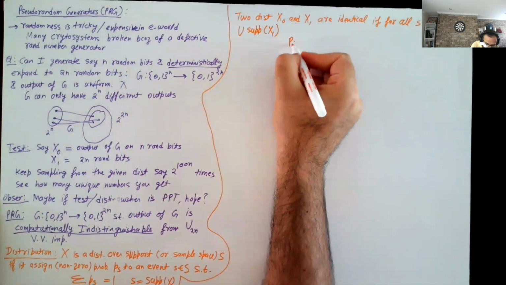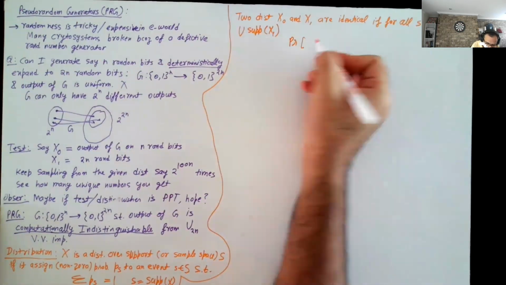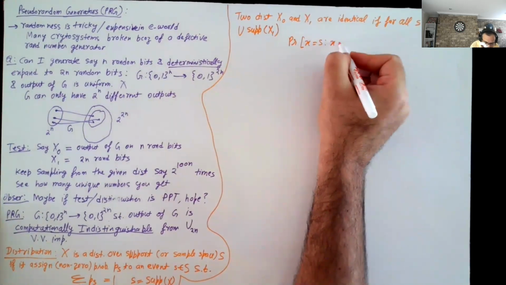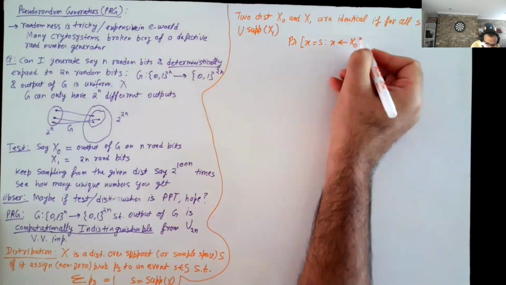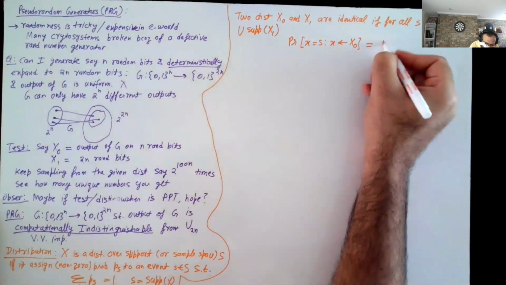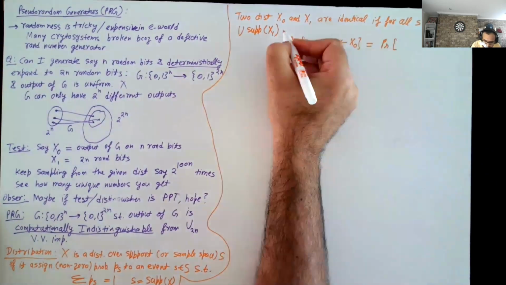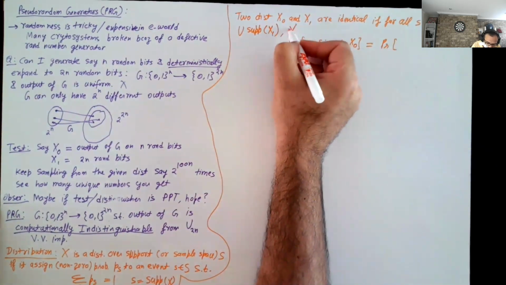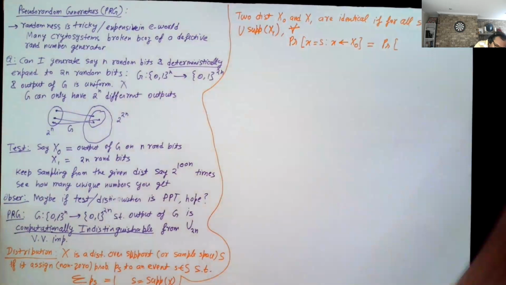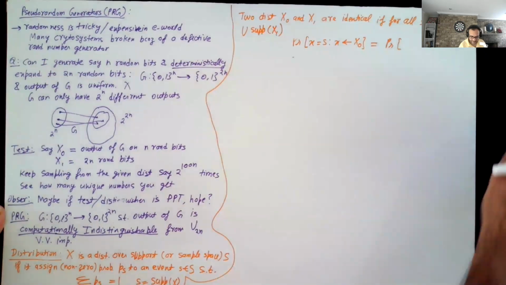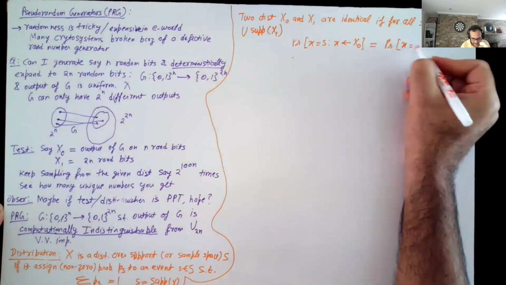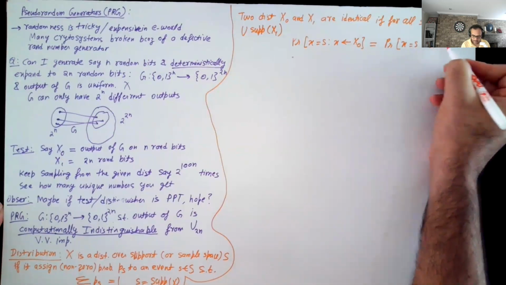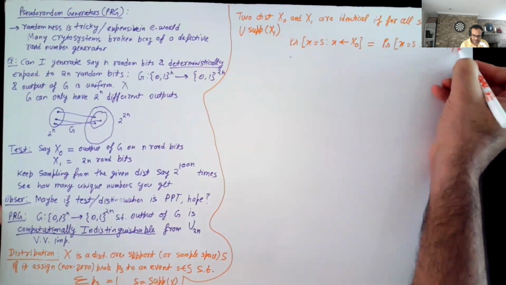What I want is that the probability that you sample X from X0 and X equals S, for all S, equals the probability that X equals S where X is drawn from X1.